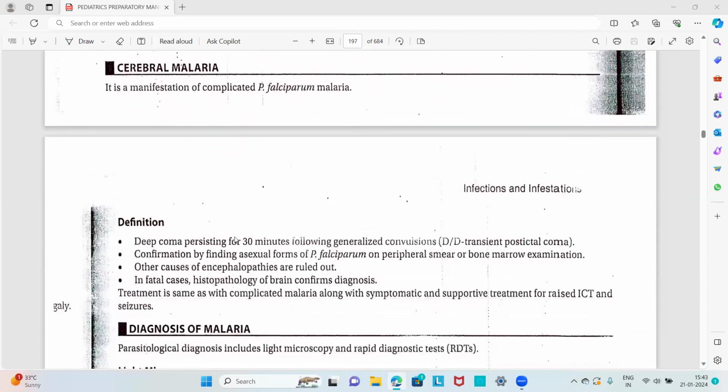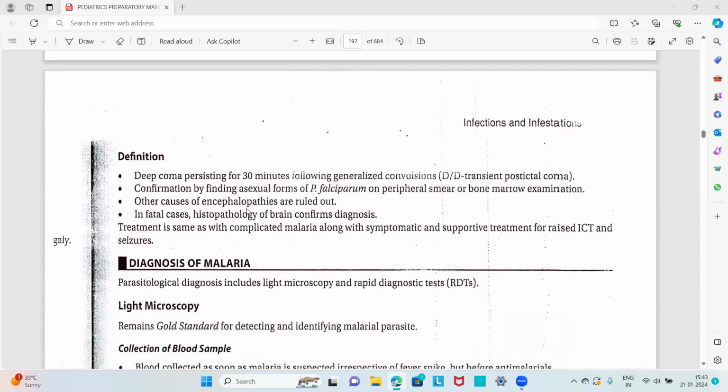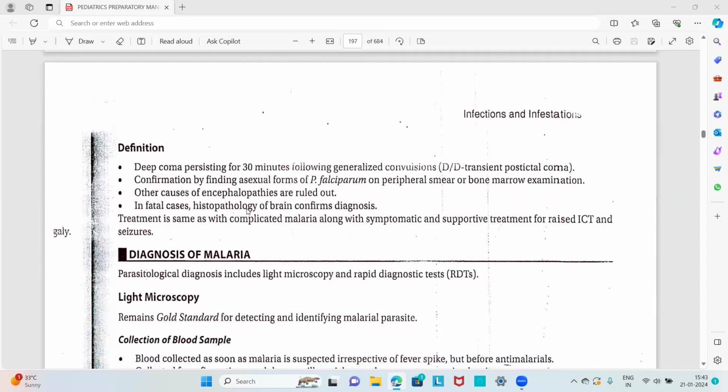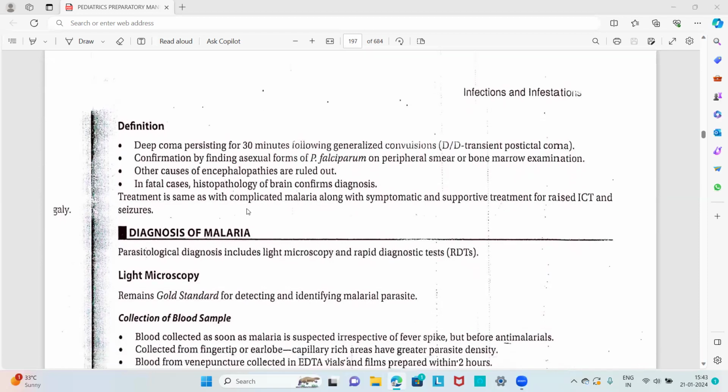Then about cerebral malaria, it is a manifestation of complicated Plasmodium falciparum malaria. The definition of cerebral malaria includes deep coma persisting for 30 minutes following generalized convulsions, and confirmation by the finding of asexual forms of Plasmodium falciparum on the peripheral smear or bone marrow examination.